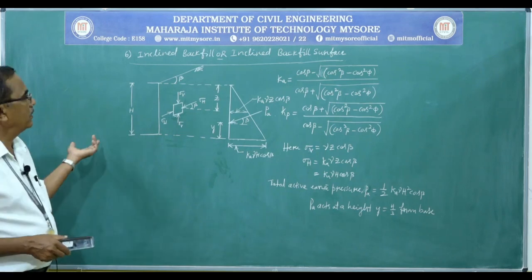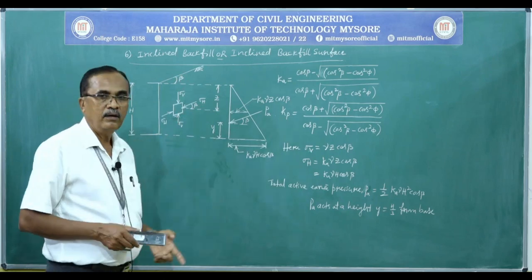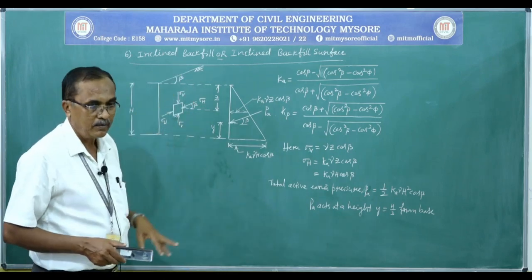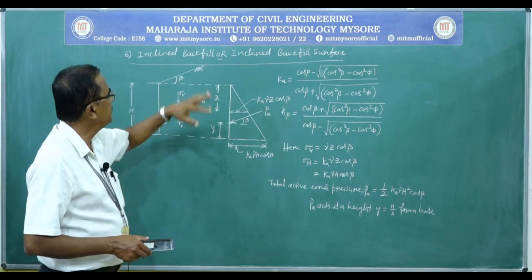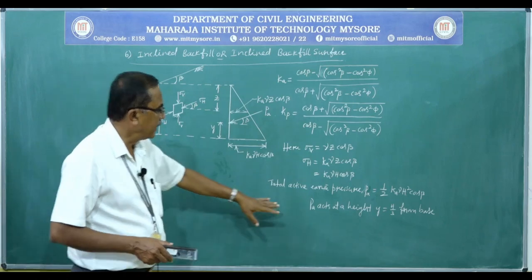Like this we can calculate earth pressure when the backfill surface behind the wall is inclined, making a surcharge angle of beta. So this is for the active earth pressure.